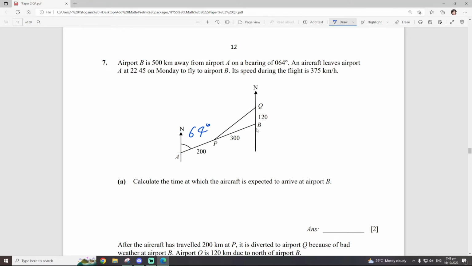So time is distance over speed, so 500 over 375. So this is actually 4 over 3, which is 1 hour 20 minutes. So you can convert the 24-hour time. You get 23:45, and then you will actually get 0005, 5 minutes past midnight.